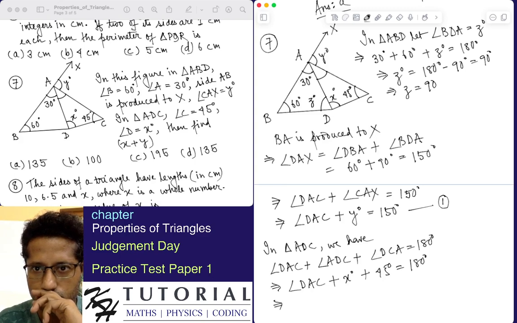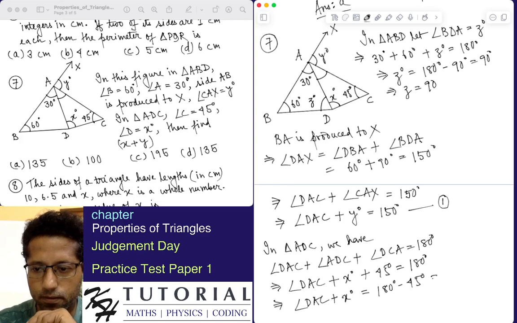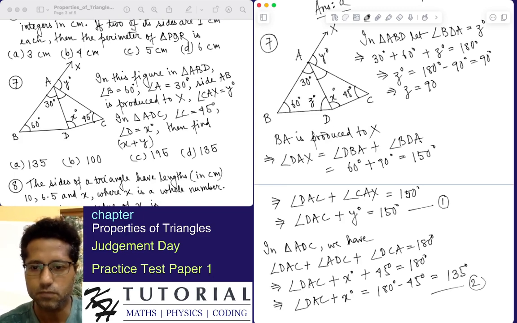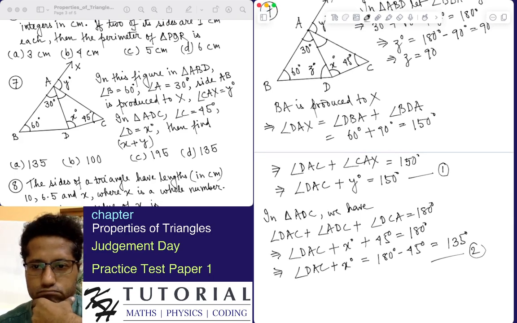We do not know DAC. So angle DAC plus X degree equals 180 degree minus 45 degree, that is 135 degree. Let this be equation 2. From 1 and 2 we will not get X plus Y directly. We have to find X plus Y, so we need DAC.